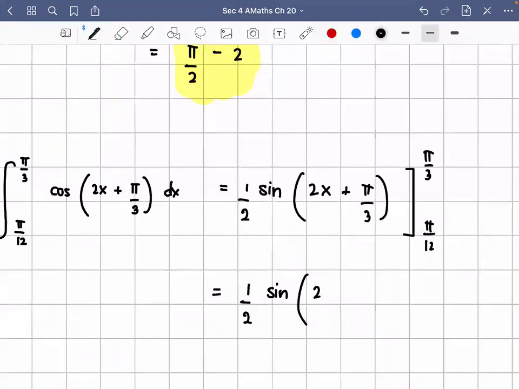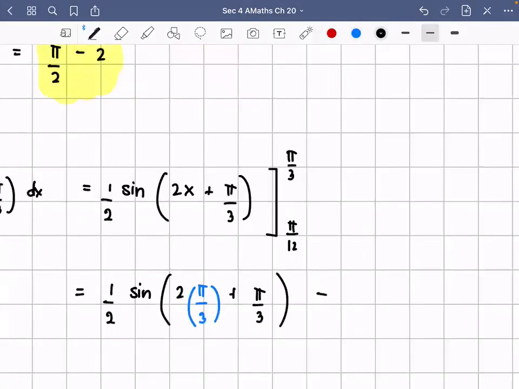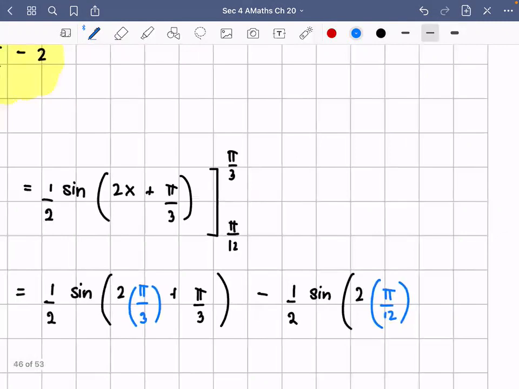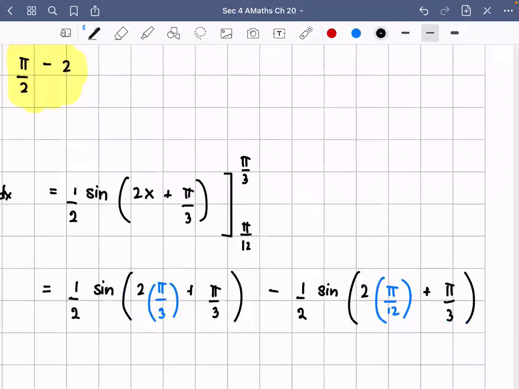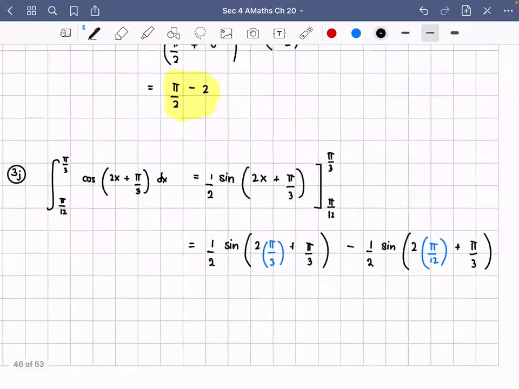So this is pi over 3, and then plus pi over 3. Okay, then minus, again, 1/2 sine. So this is now 2 times pi over 12 plus pi over 3.